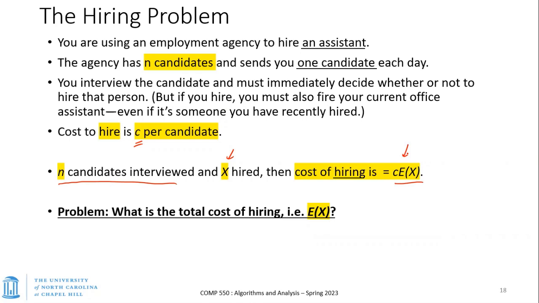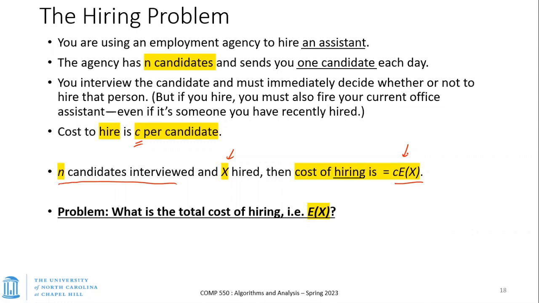You're getting a whole bunch of candidates, and it's possible that if you got the best candidate right at the beginning, then the cost would simply be C. You're just hiring one person. But if the agency manipulated the data and sent you the worst candidate and then the second worst and so on, and finally the best candidate, you'd actually end up hiring all of them. And in that case, the worst case would be C times N.